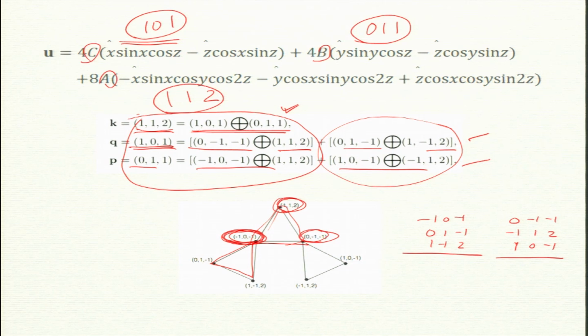Now, but can I use this for more than one triad? So what should be my n cap? N cap, if you recall, was q cross p. For the 2D example, just the previous one, it turned out that even though they are going clockwise or counterclockwise, I could make n cap along the z direction. For 2D I could do it, but can you do this for 2 triangles in 3D?